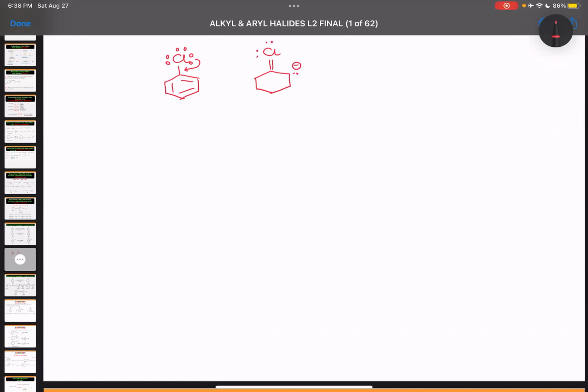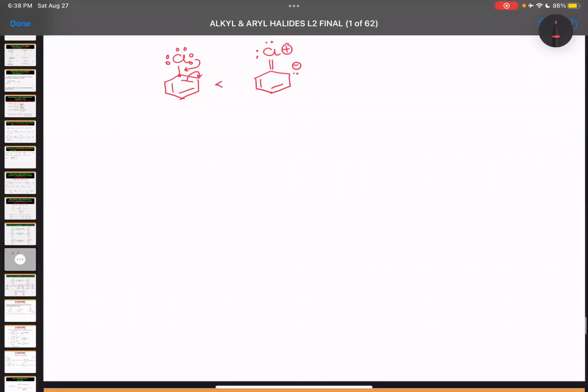So look here, one of the lone pair got into the ring, and because the Cl is giving its pair of electrons, in order to accommodate the pair of electrons, the pi electron needs to be pushed aside.